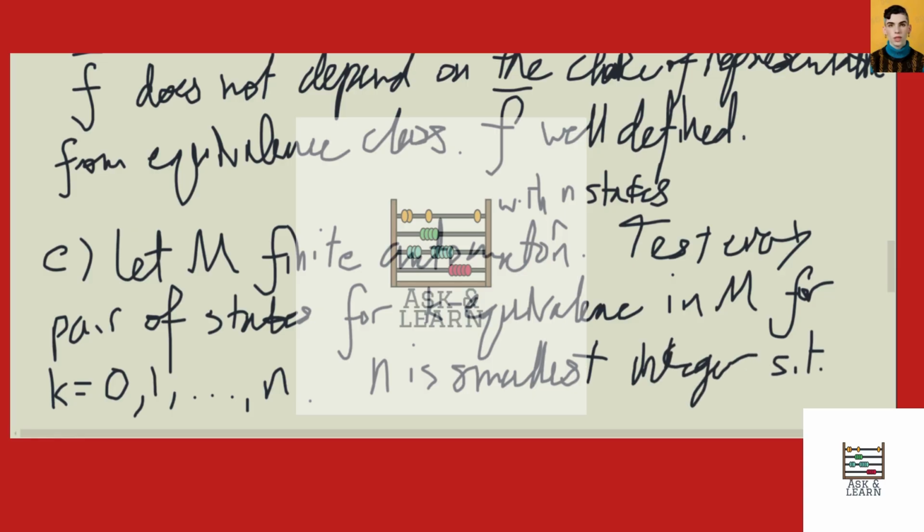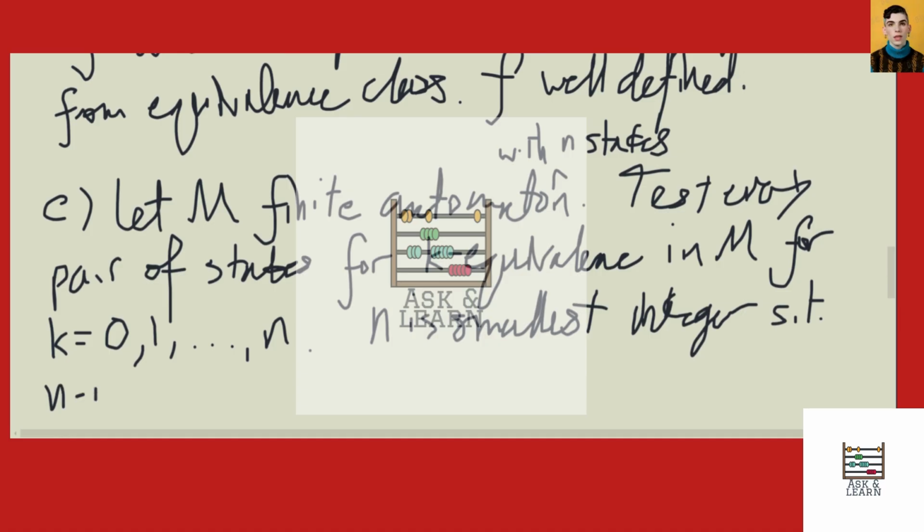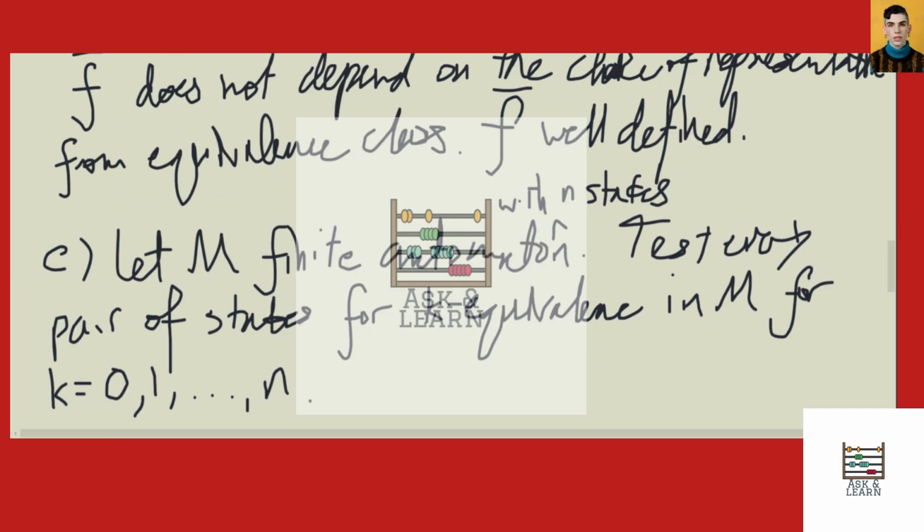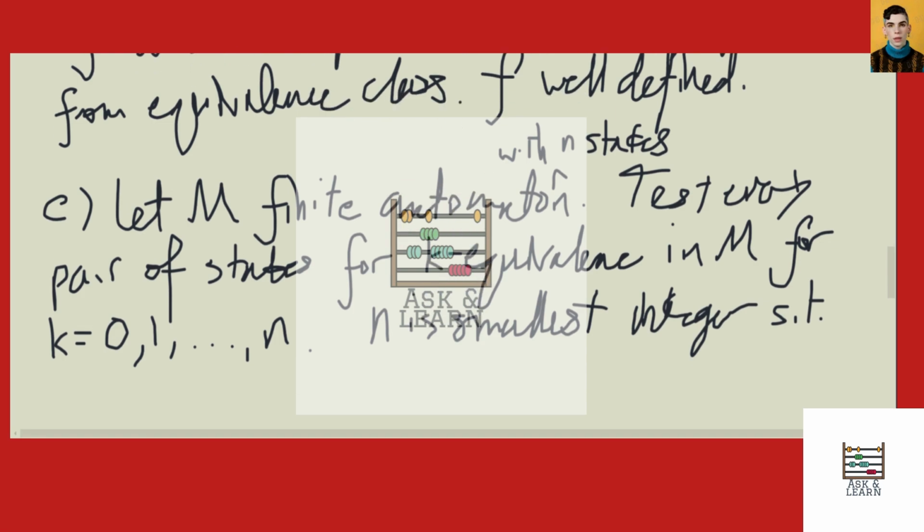Now, n, the number of states in M, is the smallest integer such that the n equivalence classes are the same as the n-1 equivalence classes of M. We proved this in a previous exercise.